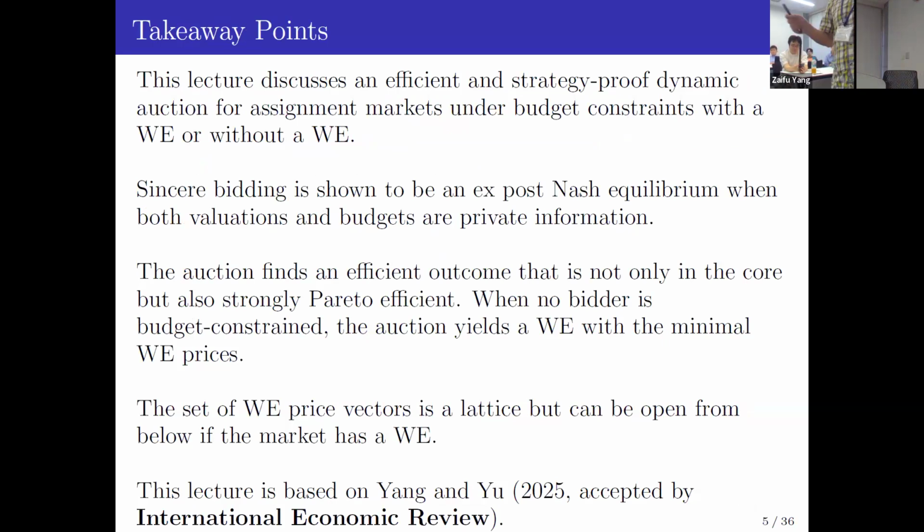One thing is why we do not think about a soft budget: what is essential is the hard budget. A soft budget means you might not have enough money, but you can borrow.